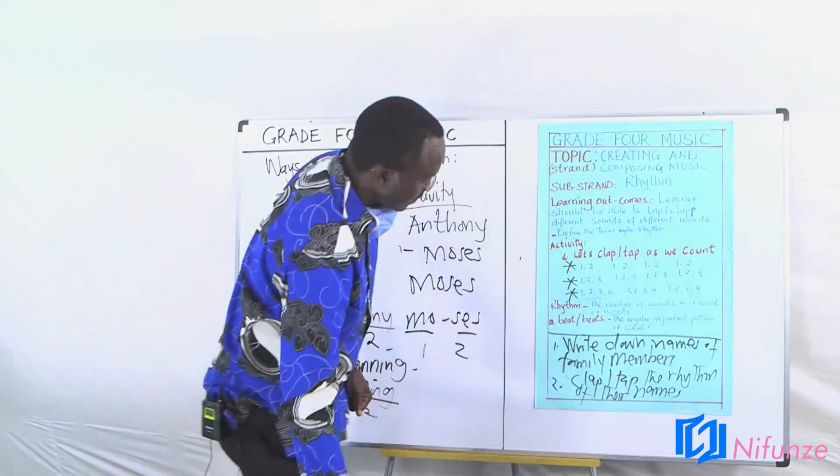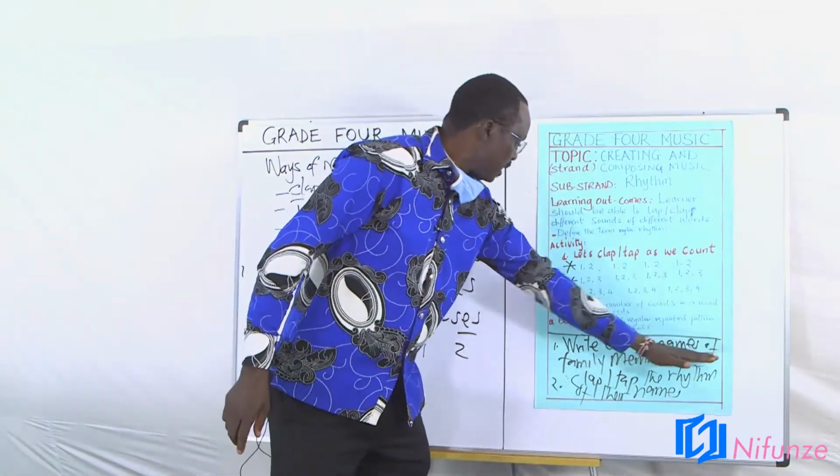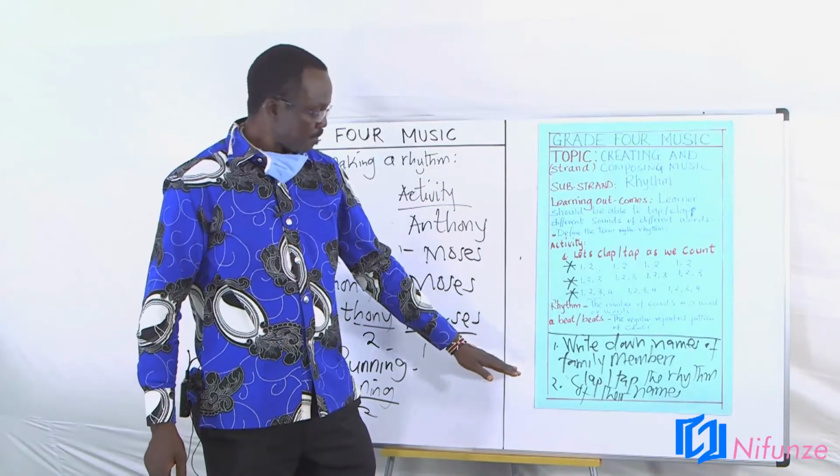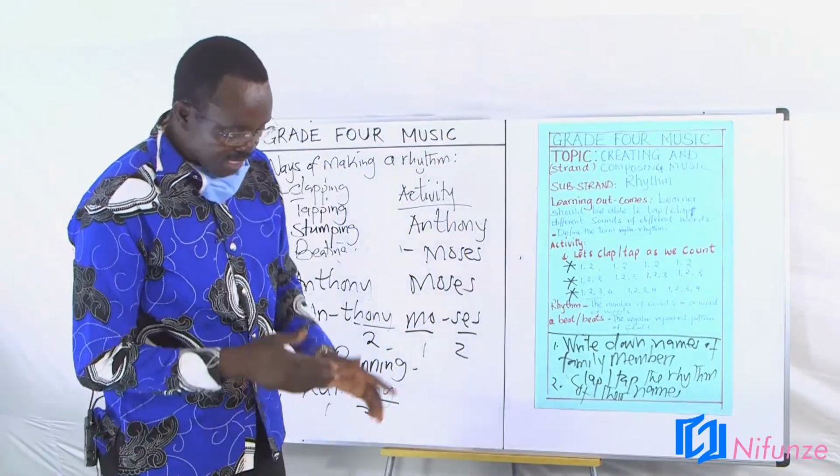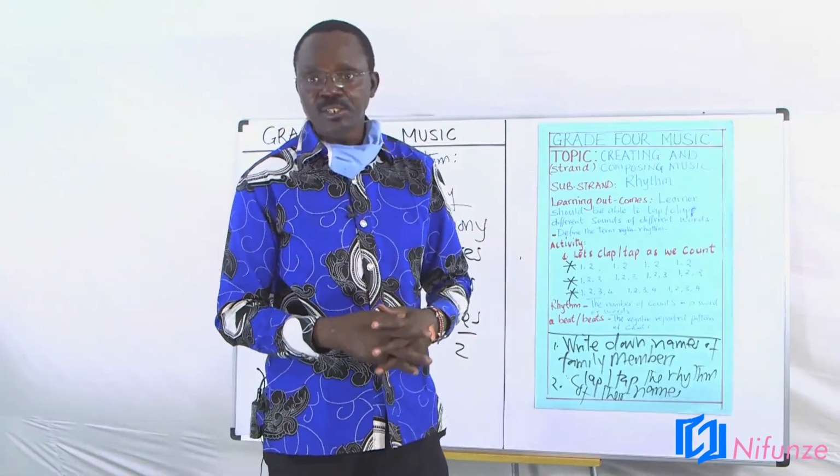So at home, write down all the names of your family members and clap or tap the rhythm of their names. That is the activity you're supposed to do for our lesson today.